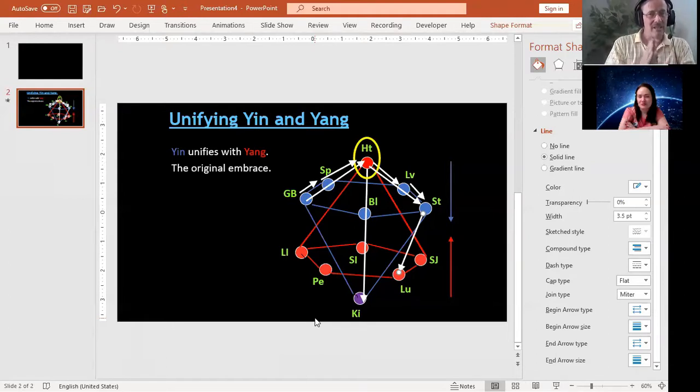Seed element is a yang element. It has a job to do. It has to balance everything. And it's an active process to keep things in balance, to keep things optimized, like in homeostasis. And so seed depends on all of the other meridians just as much as the other meridians depend on seed.